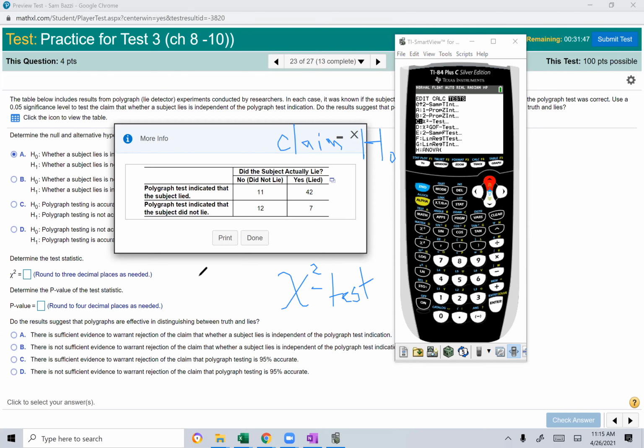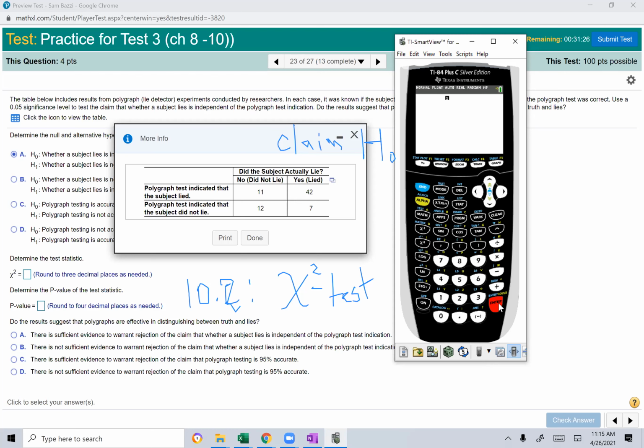For section 10.2, that's the test. All right, chi-square test. Enter. Observed values in A. It's going to put the expected values in B automatically, and you just hit calculate.